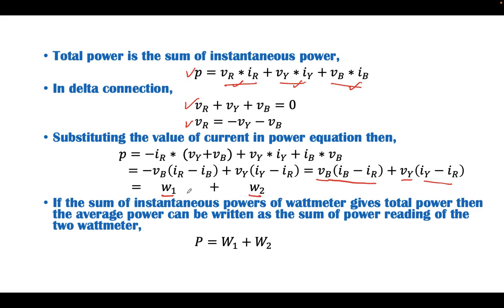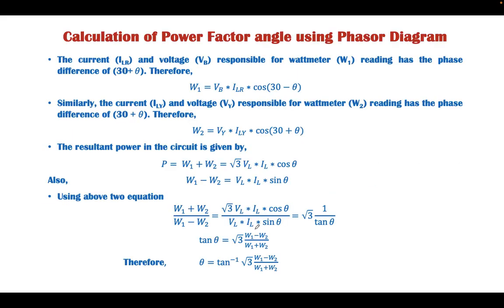If the sum of the instantaneous readings of the wattmeters is the total power, then the sum of the average readings will be the total power, and hence P is equal to W1 plus W2.